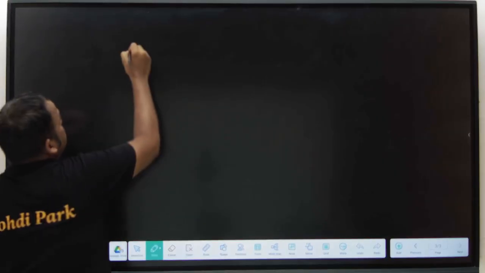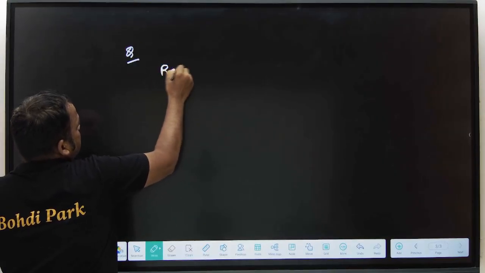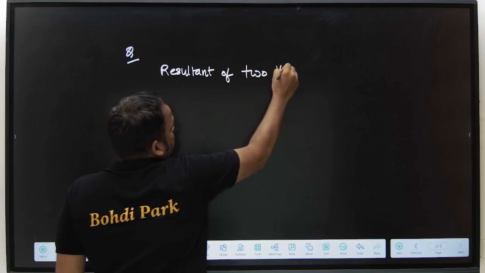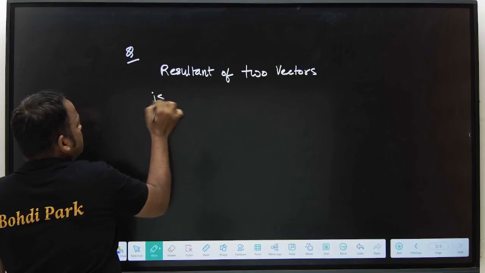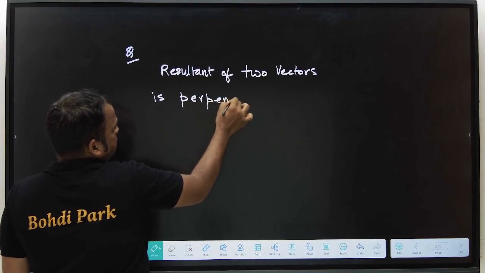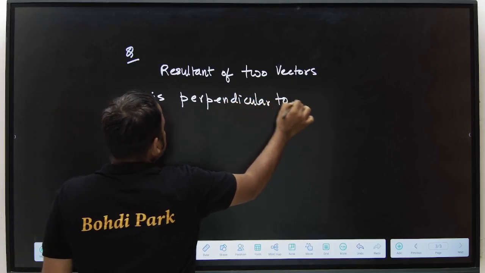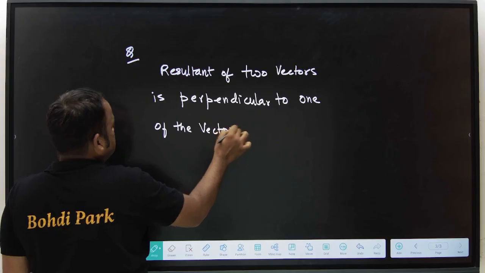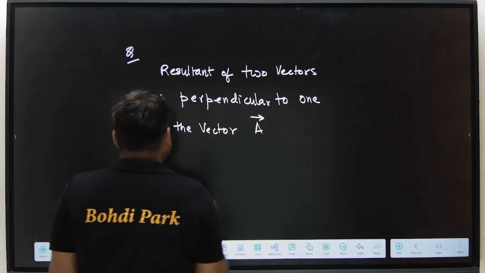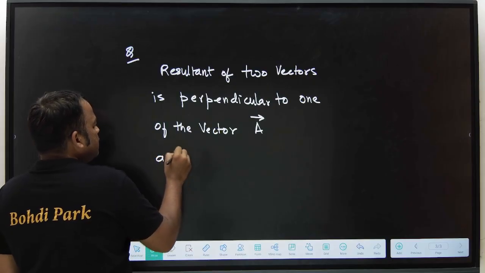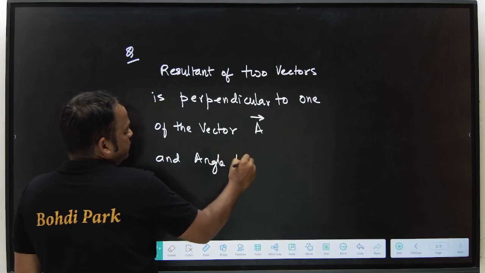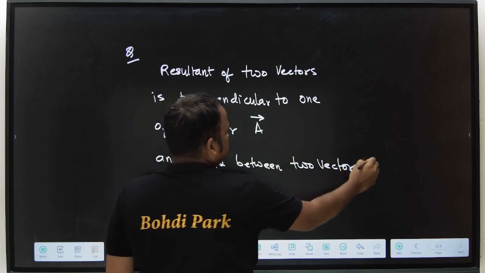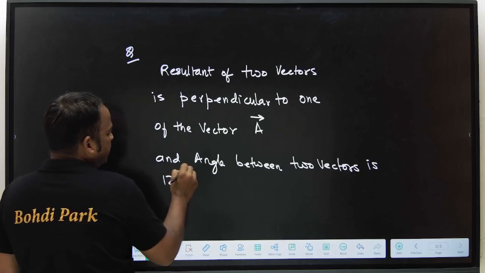So let's use a question. Resultant of two vectors is perpendicular to one of the vector, a vector, and angle between two vectors is 120°.